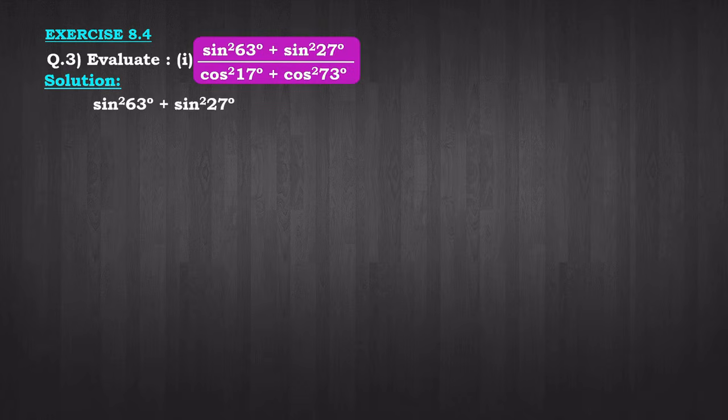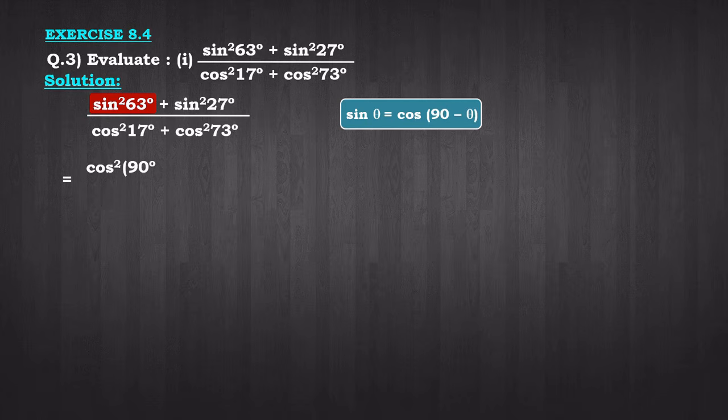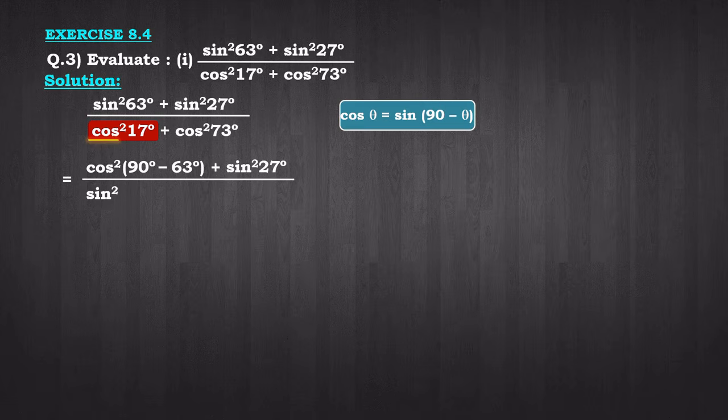First, use the complementary angle identities. Sin theta is equal to cosine of 90 degrees minus theta, and cosine theta is equal to sine of 90 degrees minus theta. So, sine squared 63 degrees becomes cosine squared 27 degrees, and cosine squared 17 degrees becomes sine squared 73 degrees.